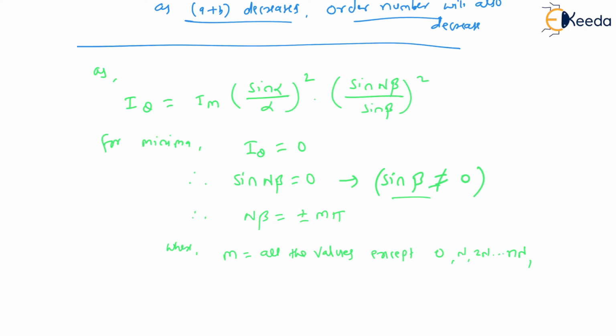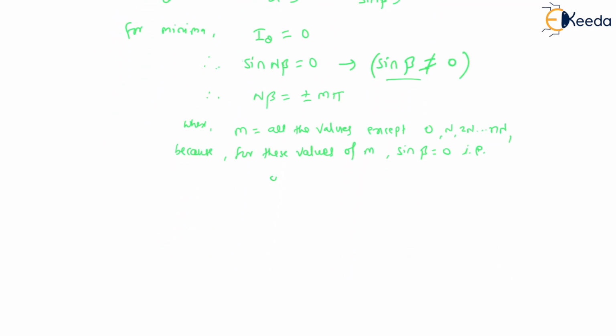Because for these values of m, sine beta will be 0, and that is the condition of central maxima.